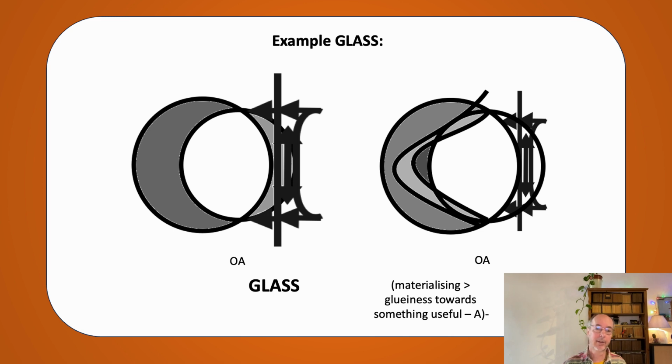Some other example, glass, was a bit more difficult. I thought the R from glass, we know it's in between a space and a practical thing. It is materializing. It's more a description of a material, and there's also this gluiness, and you try to make something practical of it.